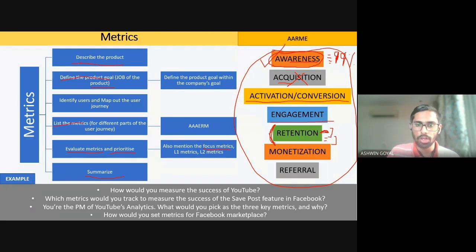Engagement, we've already looked at lots of metrics. This is done. Retention, we have looked at this. None of you looked at monetization, which is very wrong. Let's say you watch 3 stories and then you see an ad, right? An advertisement story. So you should also look at what kind of revenue we are getting.